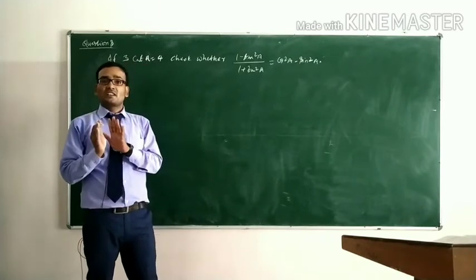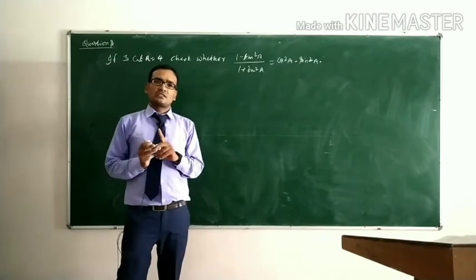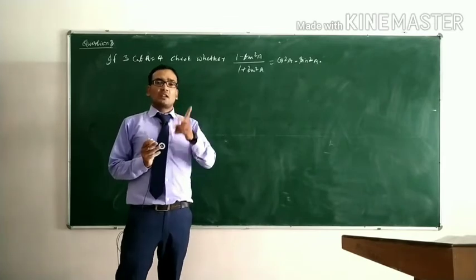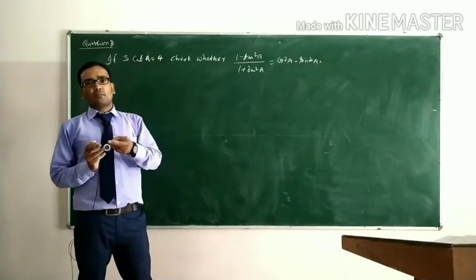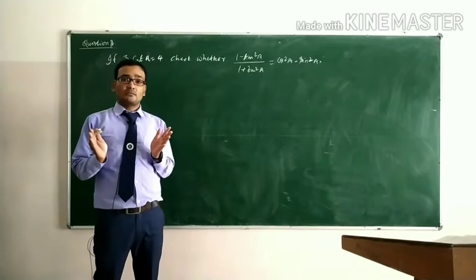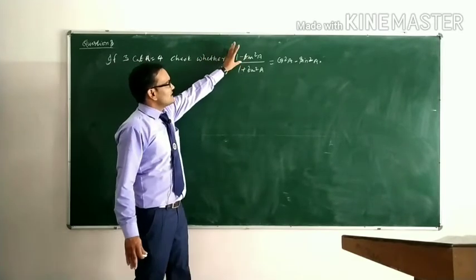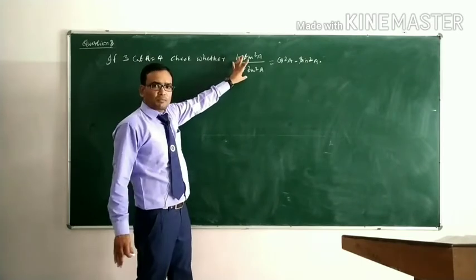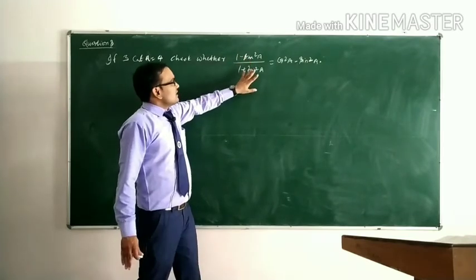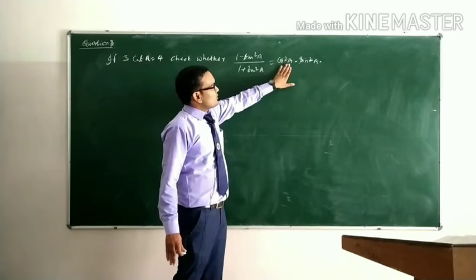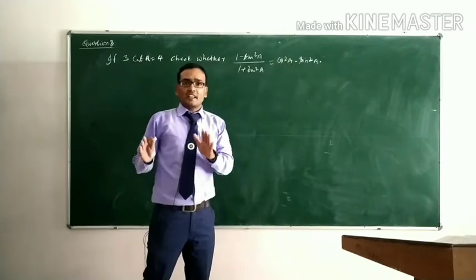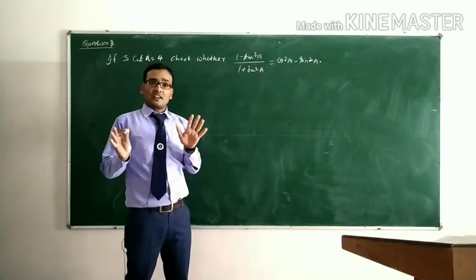We observed that both part 1 and part 2 answers will be the same. Here we observe that the value of 1 minus tan square A upon 1 plus tan square A is equal to cos square A minus sin square A. Is this right or wrong?